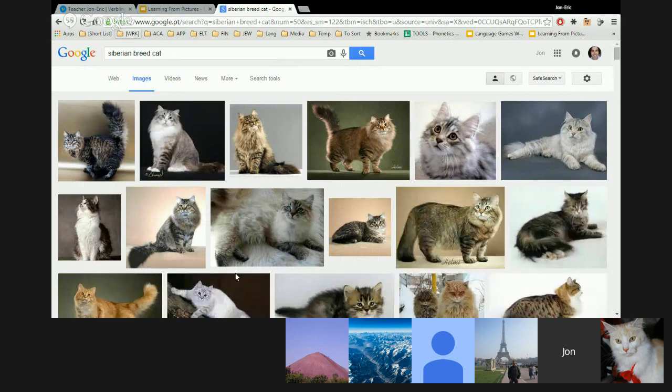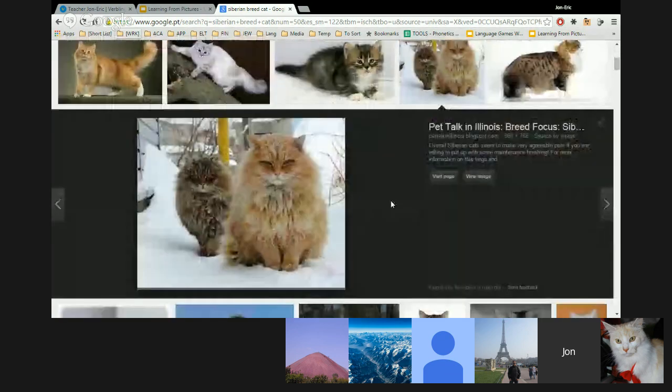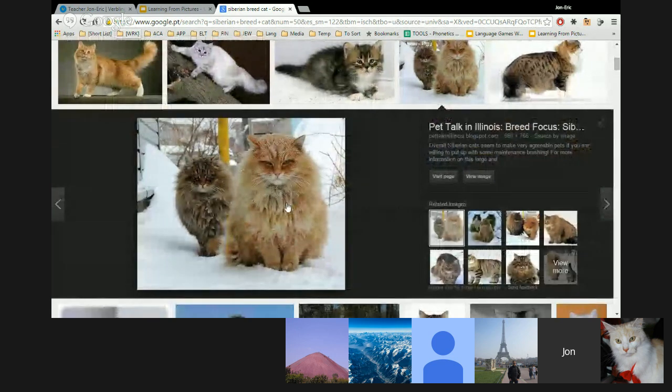Wow, this is like something out of Game of Thrones. He should have a sword on his back, like a little warrior. But I have one problem: she leaves a lot of hair when she moves. That's true. In the summer, you have to shave your cat, otherwise there's hair everywhere. Okay, now we know what a Siberian cat is, and our class can continue.